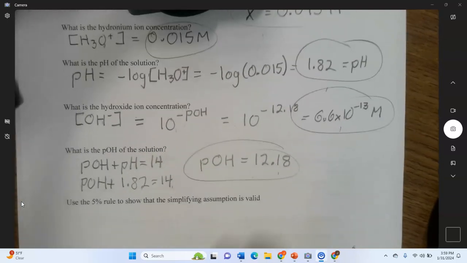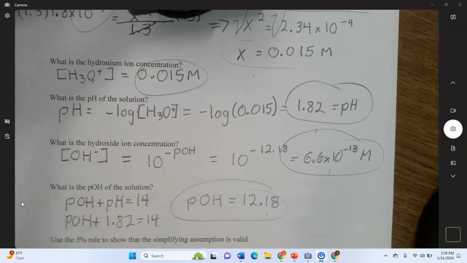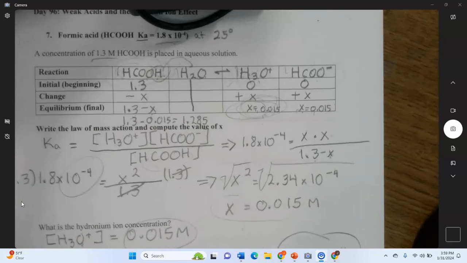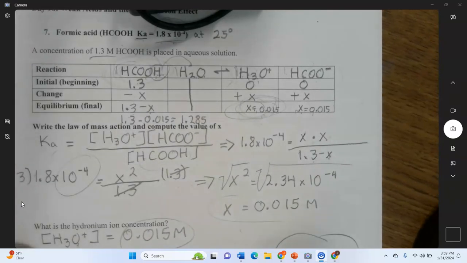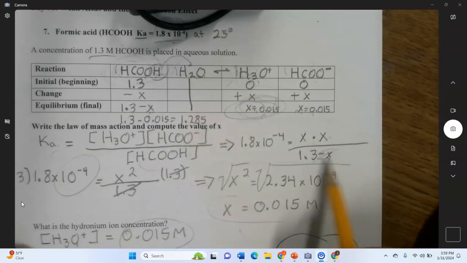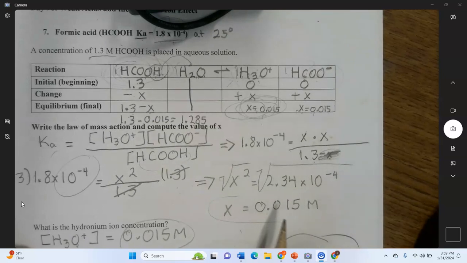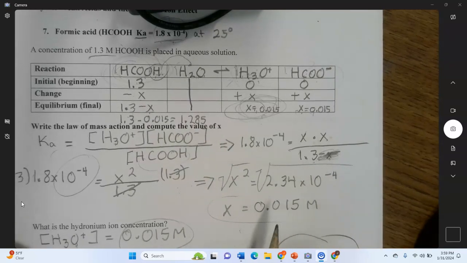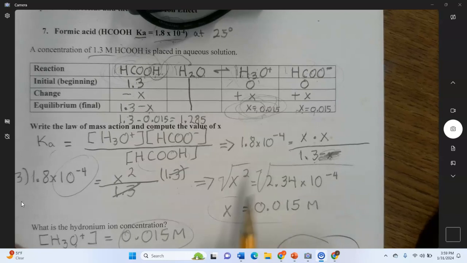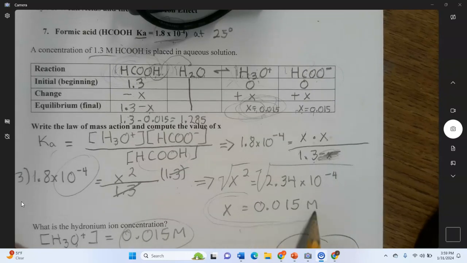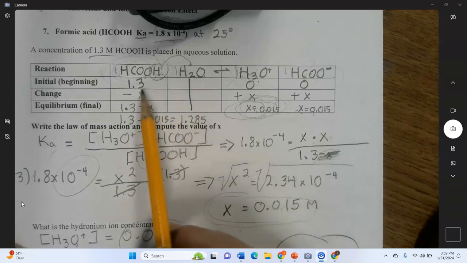Okay, use the 5% rule to show that the simplifying assumption is valid. So the 5% rule says what we did was we eliminated this X right here. We just rubbed it out because we said it's really small. So when you finally do get your value of X, which in this case was 0.015, what you do is you say, is that less than 5% of our starting concentration, 1.3?